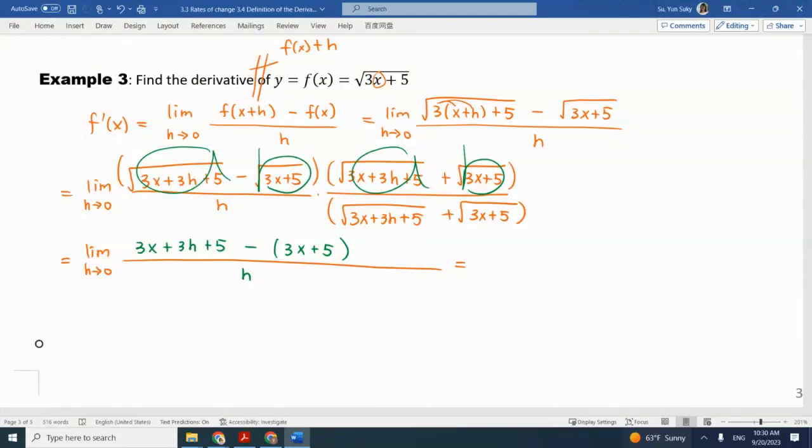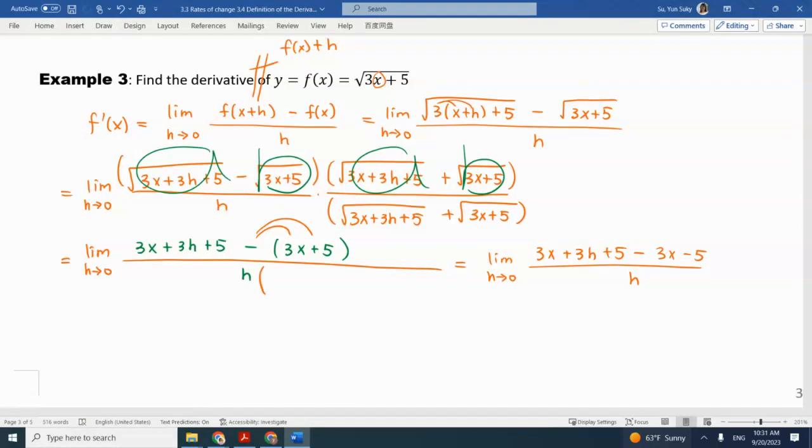Good. Now let's see. Limit as h goes to 0 of 3x plus 3h plus 5 minus, this should be the negative, what do you get? Oh, what can we cancel?